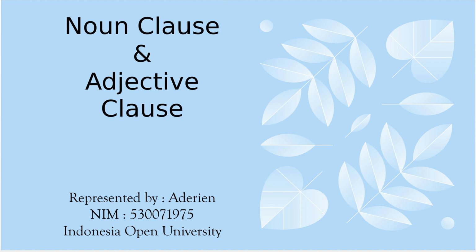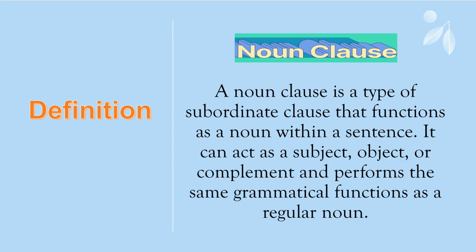Alright, let's begin to talk about noun clause and adjective clause. We will start with the definition. A noun clause is a type of subordinate clause that functions as a noun within a sentence. It can act as a subject, object, or complement and performs the same grammatical function as a regular noun.